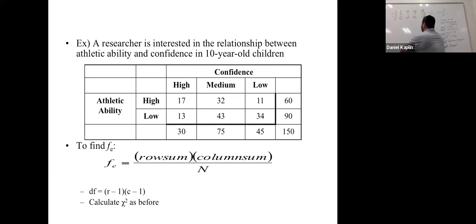is we take the row sum, multiply it by the column sum, and then we divide that by the total number of observations.